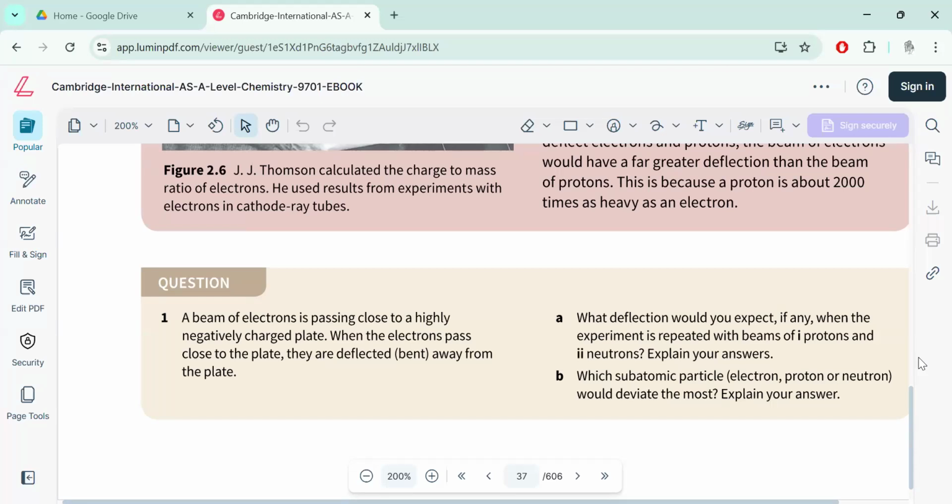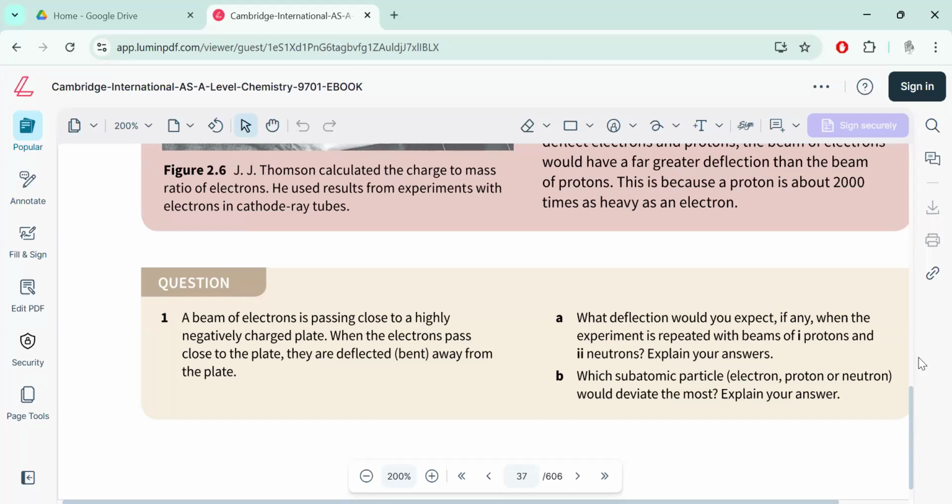So which subatomic particle would deviate the most? This is actually really simple, I think. It's a really obvious answer: electrons. Electrons would deviate the most. This is because electrons are way lighter than protons and neutrons, like I explained before.